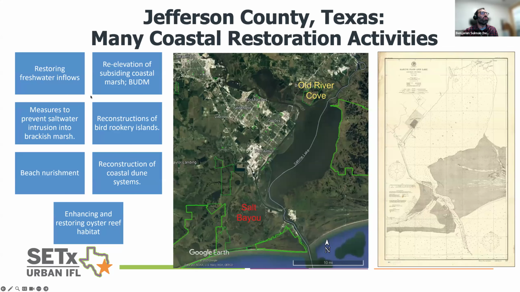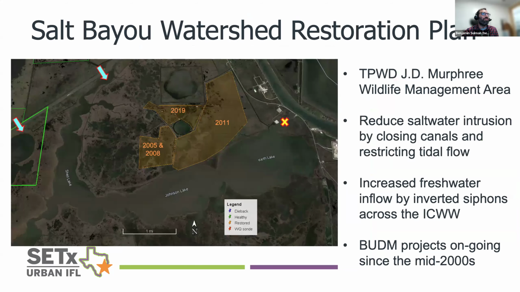A lot of these have to do with changing the hydrological management of the area, reconstructing some areas that have been lost, and a decent number of coastal activities. Our project has mostly been focused for the urban IFL around this Salt Bayou area, where there's a couple of important restoration activities going on.